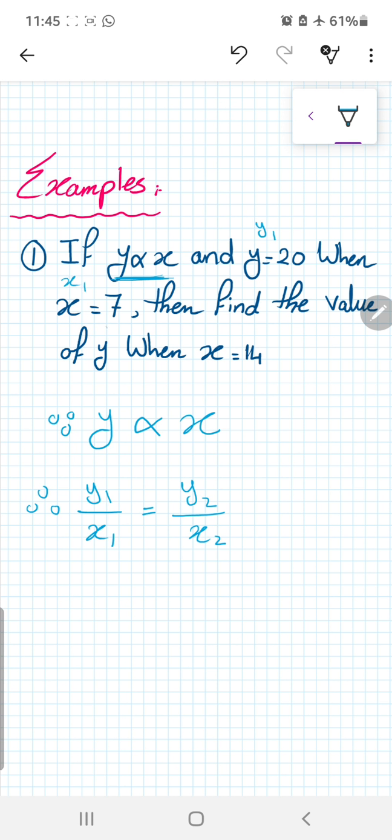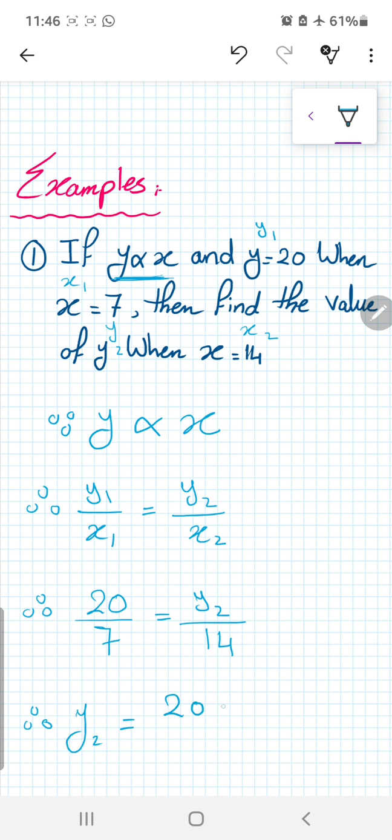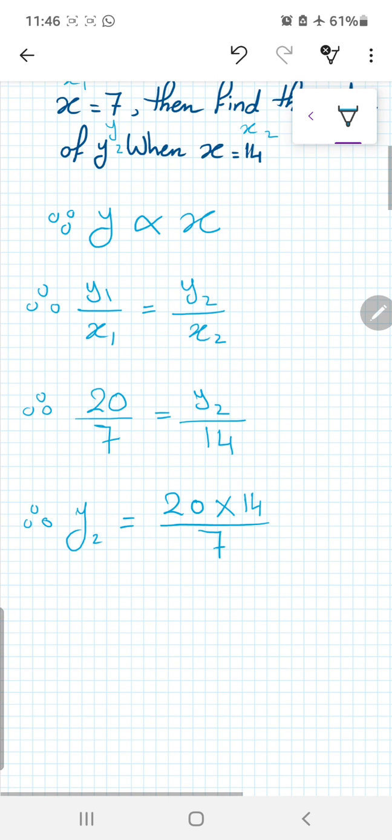We want to get the value of y2 and here x2. Direct substitution. Therefore y1, which is 20, over x1, which is 7, equals y2, which we want to get, over 14. Make cross multiplication. So y2 equals 20 times 14 over 7. So here we get y2 equals 40.